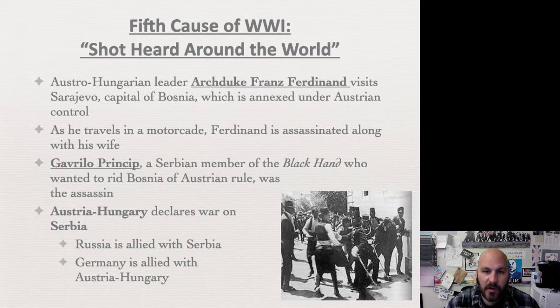And it injures 12 people, mainly in the car behind him, who has the general adjutant for the Austro-Hungarian army. And so as soon as that explosion happens, the Archduke's driver hits the gas. He just takes off.